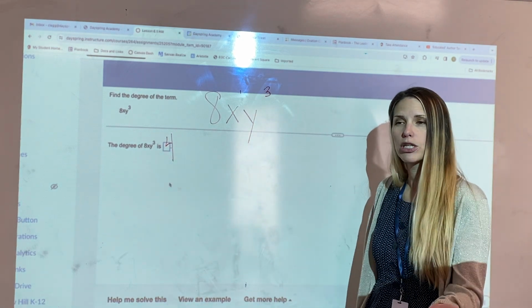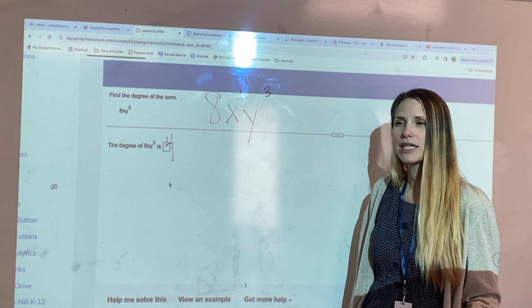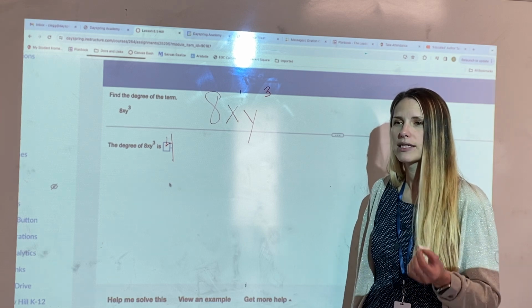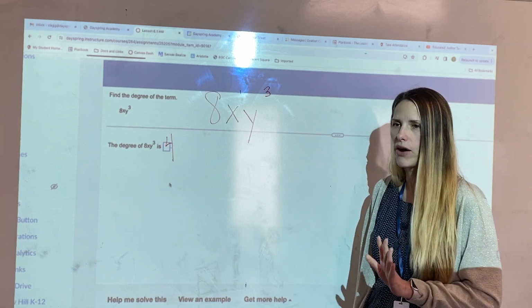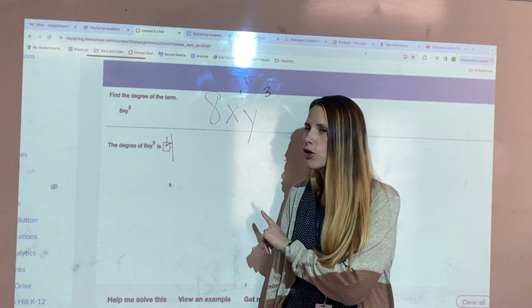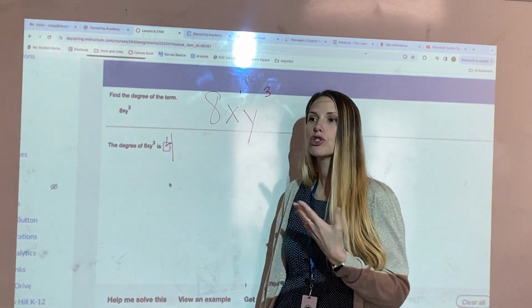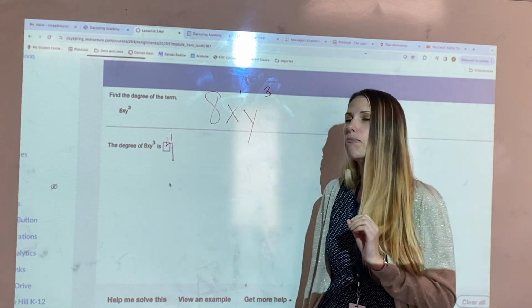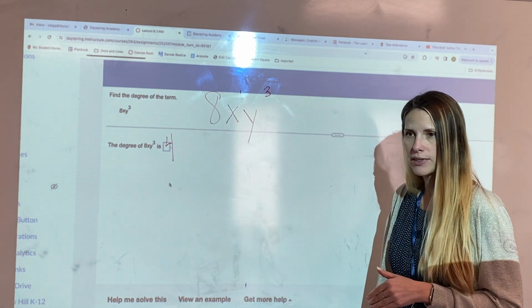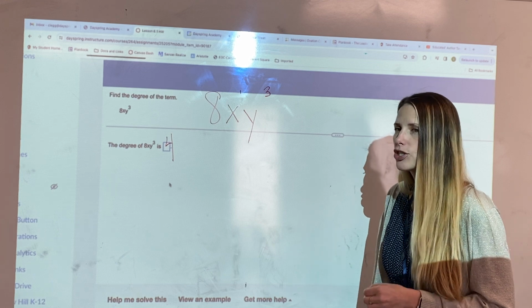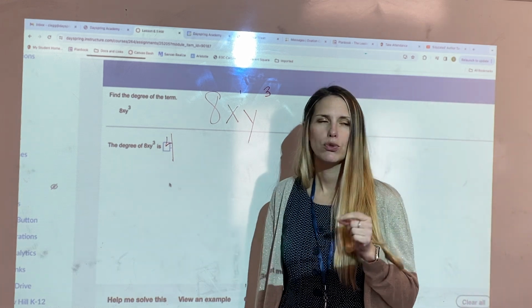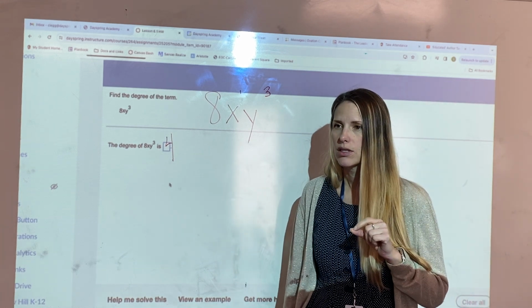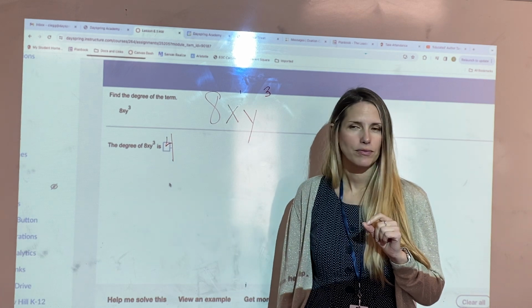And depending on what your term says, you simply add up the exponents of the term. Now, this is a monomial, one term. So it's super easy to spot what you're adding up. When we have multiple terms, which term do you use to find the degree?